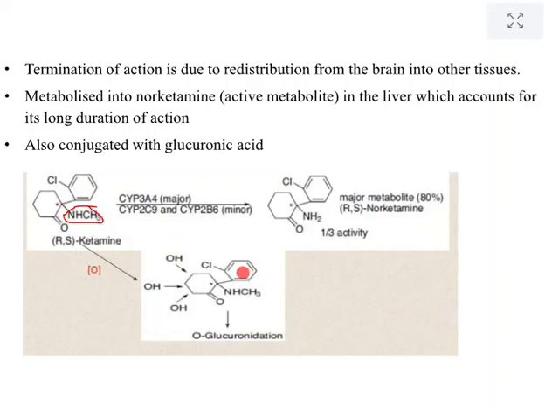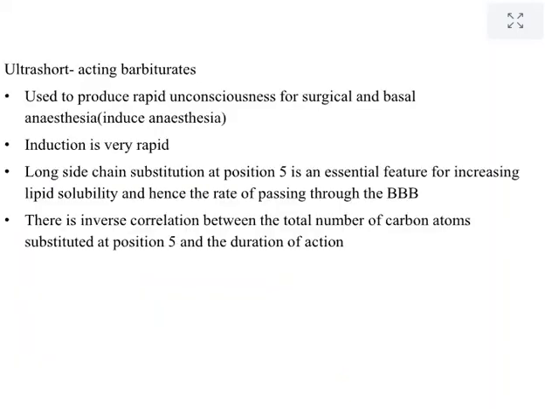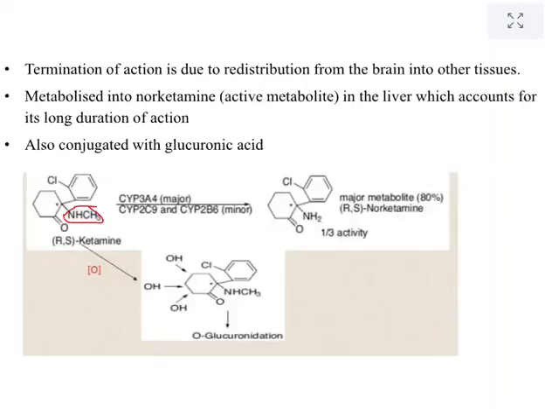So those are the main routes of metabolism to give us norketamine, and also the hydroxyl derivative, and of course the dihydroxyl derivative can also undergo glucuronic conjugation and move off from the body. That summarizes propofol and ketamine. You can even see, really very simple structures.